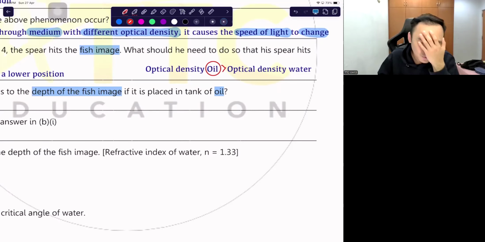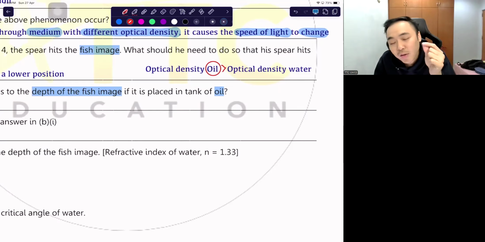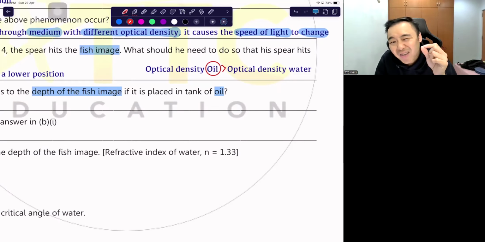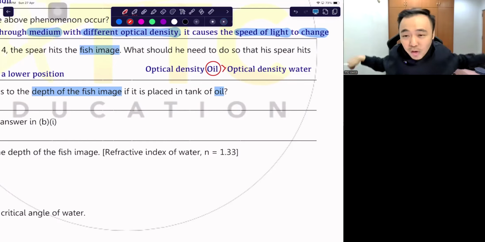Why? Try to think about the texture of oil. Normally oil has high stickiness, it's thick, with higher viscosity. With such high viscosity, will you go faster or slower? You need to push all the way through.